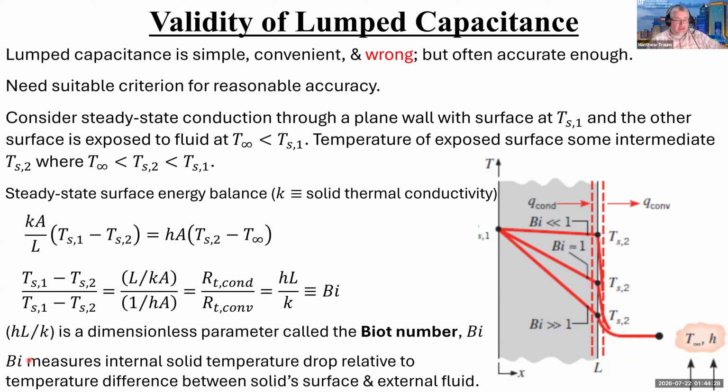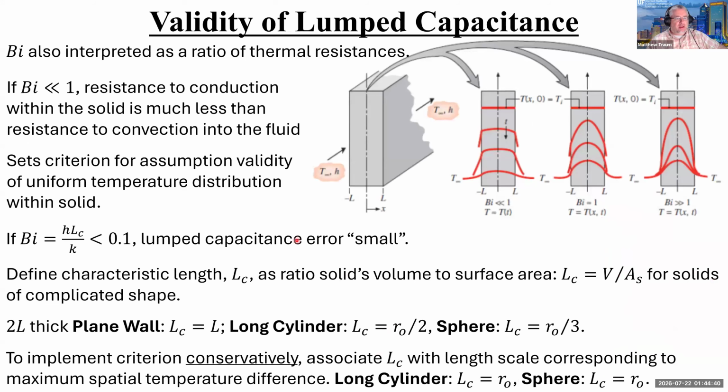What it actually does is measure the internal solid temperature drop relative to the temperature difference between the solid surface and the external fluid. And it turns out there's a criterion for quote unquote small, and a small Biot number is any value less than 1/10, 0.1.